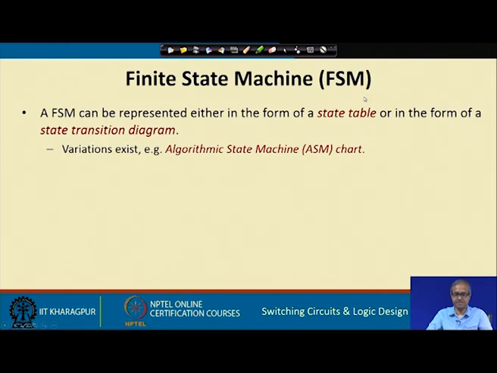So, let us look into these finite state machines in slightly more detail. The first thing is that whenever we talk about a finite state machine or a sequential circuit, we have to start from somewhere, right. Somehow we have to specify the behavior of the circuit.